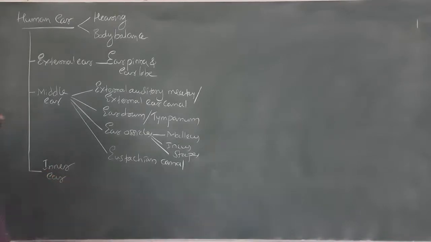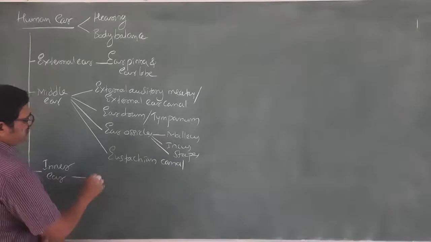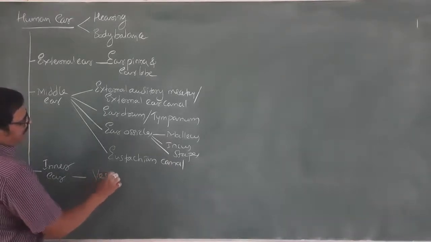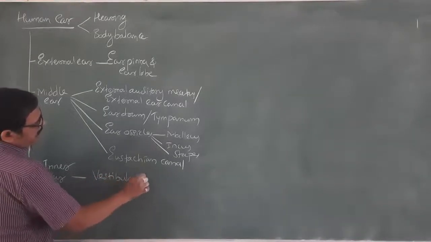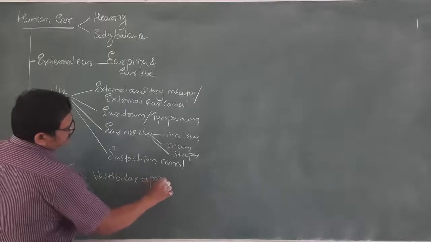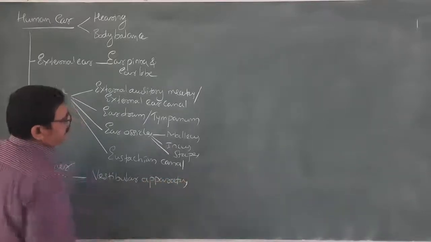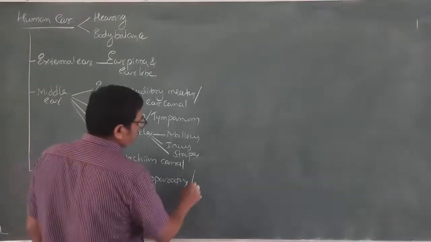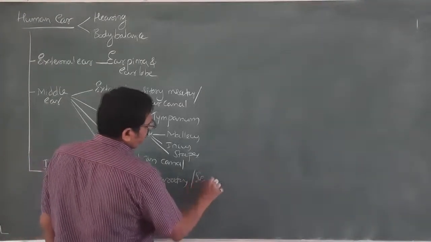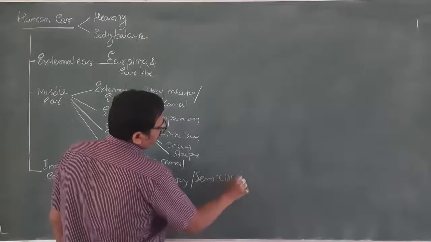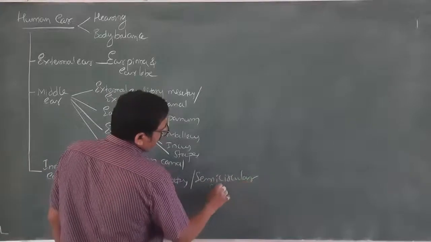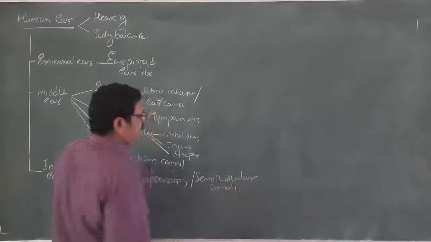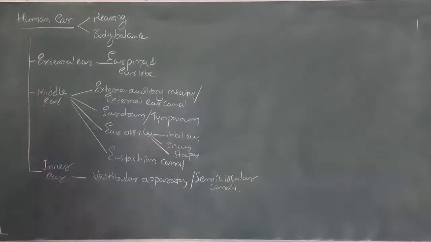Next, we study the inner ear. In the inner ear there is a structure called the vestibular apparatus. This vestibular apparatus is mainly made up of three semicircular canals, which inside have a structure called the crista ampullaris.